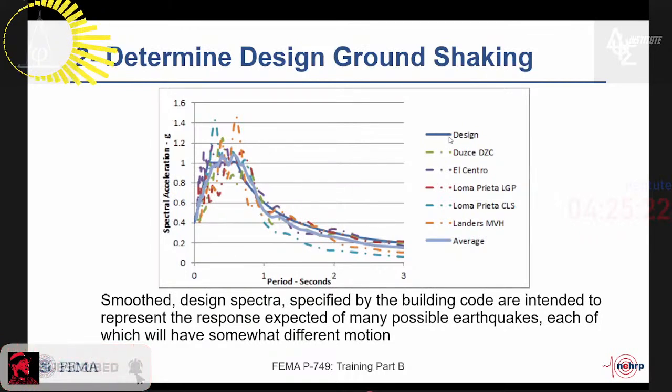The intent of smooth design spectra is basically to iron out the little peaks and valleys that occur from one earthquake motion to another, and to provide a relatively simple representation of the variation of ground motion with period that envelopes the average response obtained from all likely earthquakes that will affect a structure.